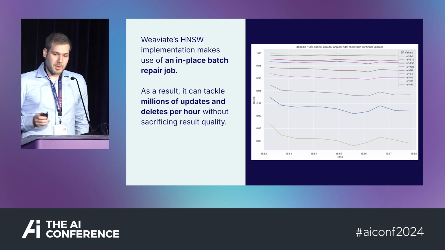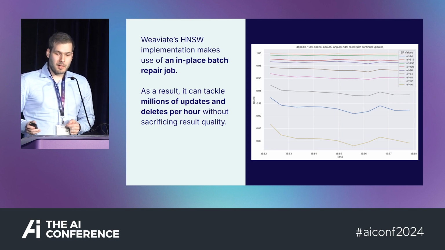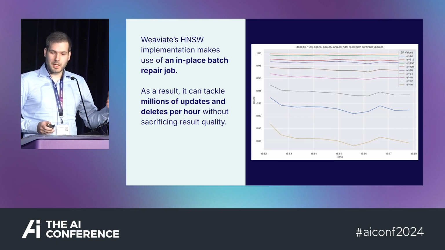But at Weaviate, we've built a custom implementation of HNSW that has an in-place batch repair job. You can see in this graph, especially at the top, the orange and green lines, that over time, with many cycles occurring, the quality does not drop. This is recall in percent. It's basically 100% recall, or close to 100, with the orange line. Even if you keep replacing the data set through updates and deletes, the quality does not degrade.